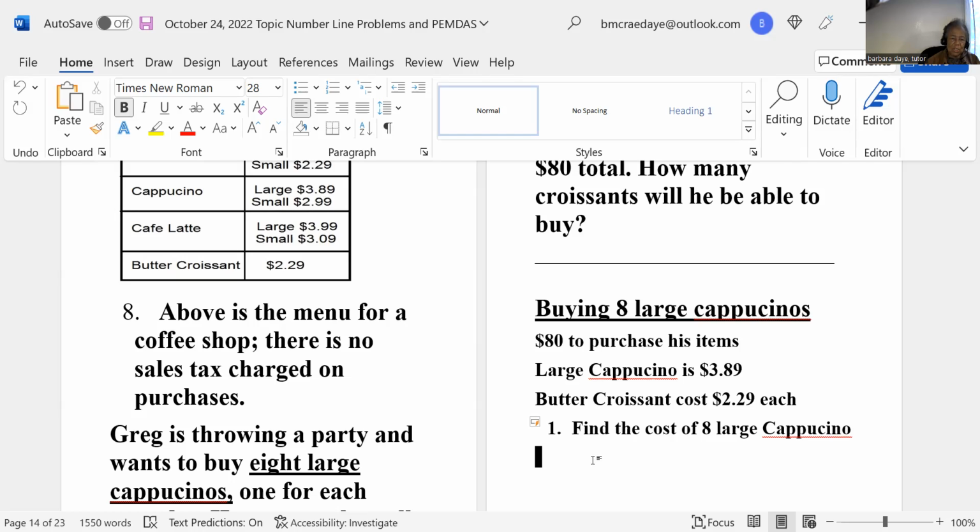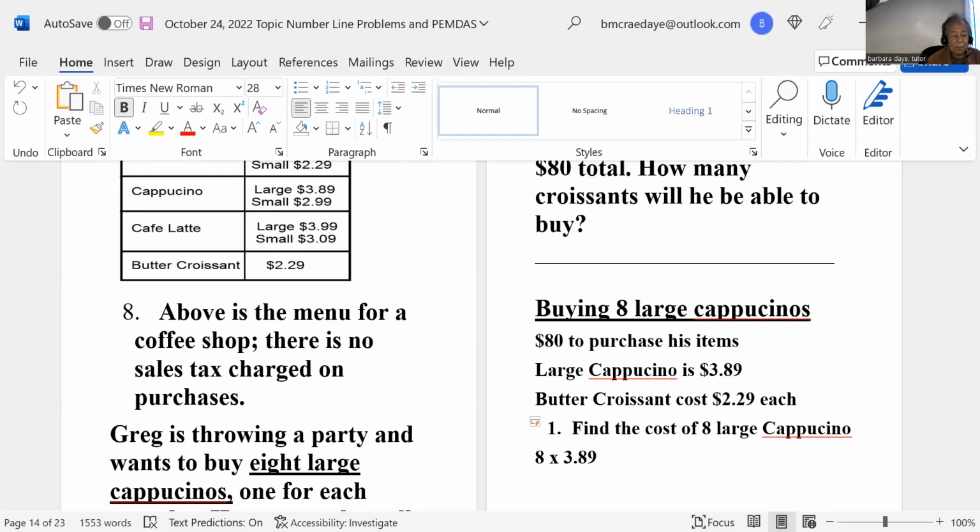What operation would give you the cost of 8 large cappuccinos? Multiply. That's it. You'd have to multiply 8 times the 3.89, right? Yeah. So do that.